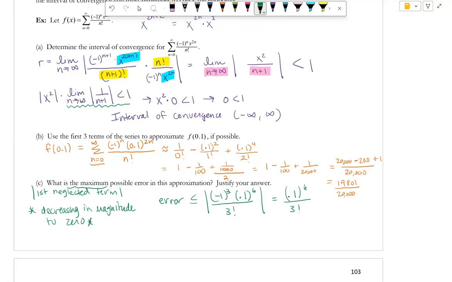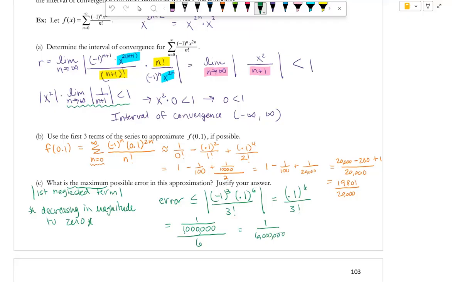So 1/10 to the 6th power is a 1 with 6 zeros, 1 million. And I'm dividing that by 3 factorial, which is 6. So I get 1 over 6 million. And that is my maximum possible error.